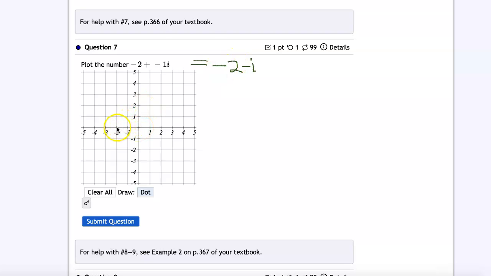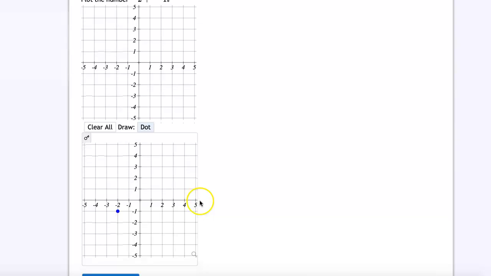So we want to go back 2. And then we want to go down 1 because the imaginary component is going down 1. So we would end up with what looks like a vector down here at -2, -1. And you can see that is drawn in the same way.